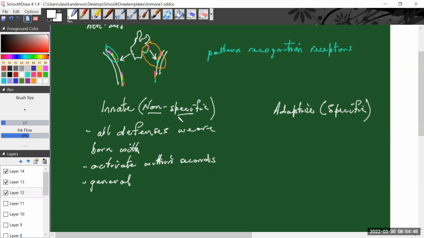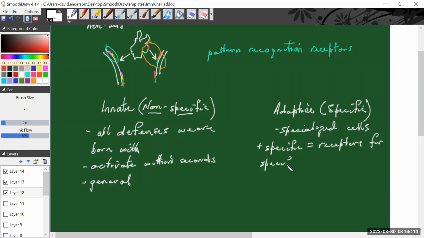When we look at adaptive immunity, we've got specialized cells. And that's those T lymphocytes and those B lymphocytes that are specialized and specific. So they have receptors for specific antigens.